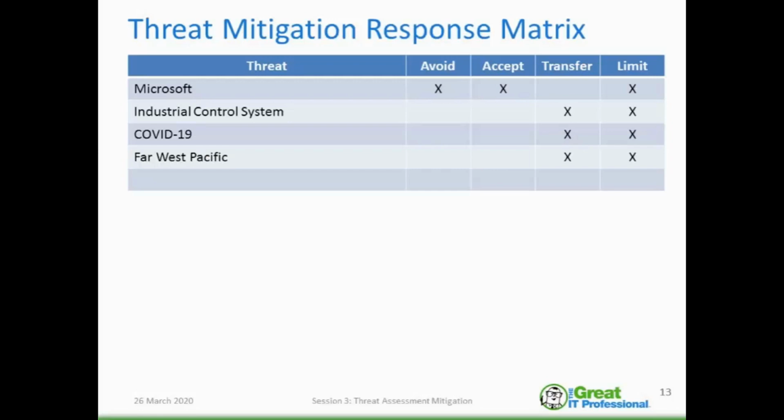There are some threats that I'm going to accept. There are threats, again, from Microsoft that I know are out there, but I'm going to accept them because some of them have to do simply with documentation. There's a lack of documentation on some of the CVEs.